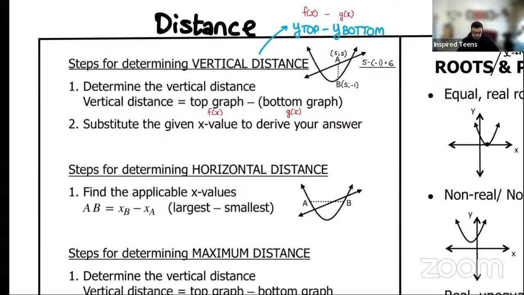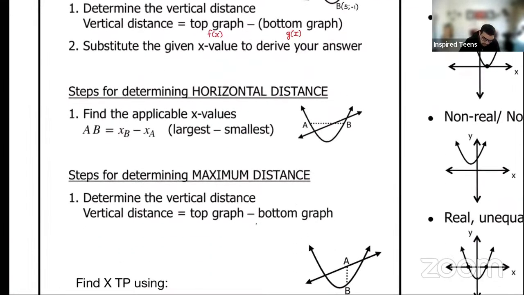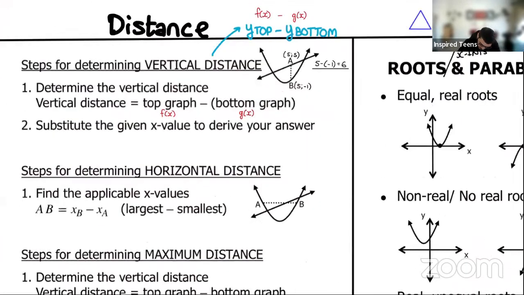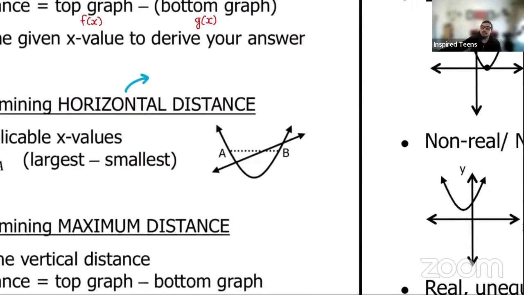Step 2, determining horizontal distance. Let's firstly discuss a horizontal line. We need to note that the y coordinates remain the same, so the x coordinates change. So we say x right minus x left.